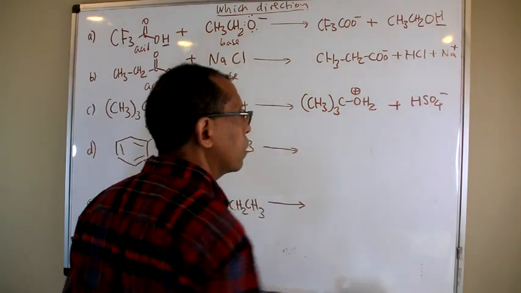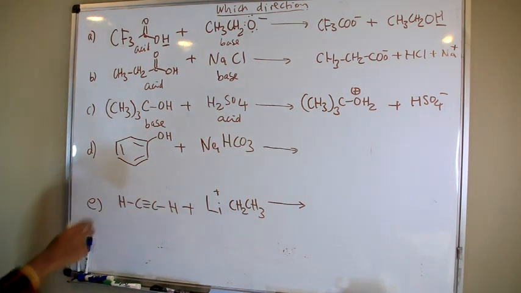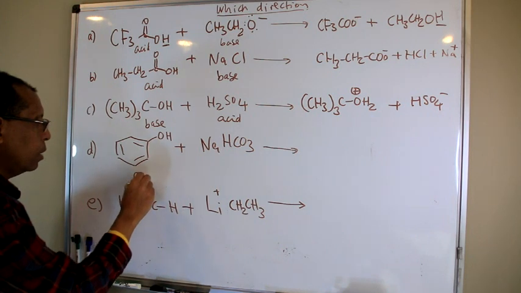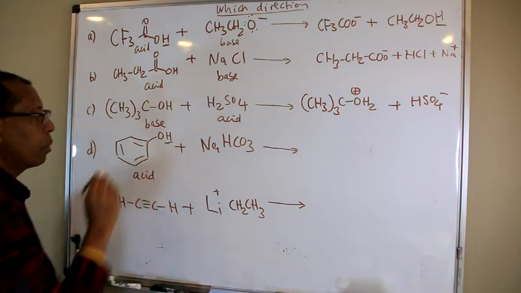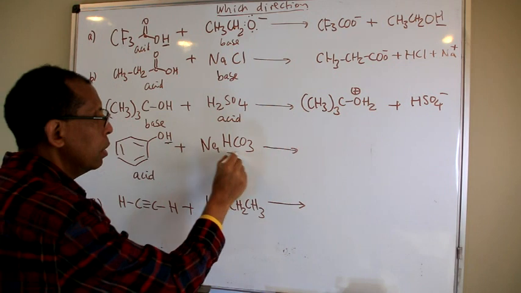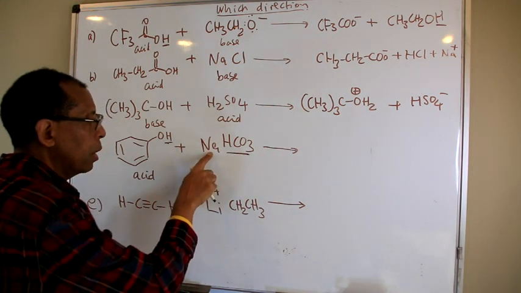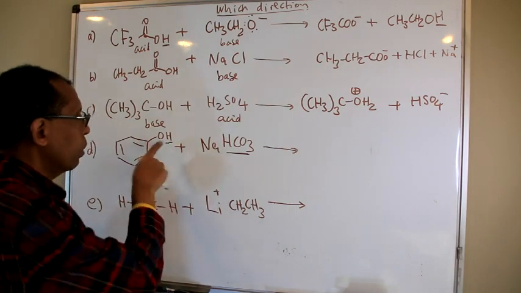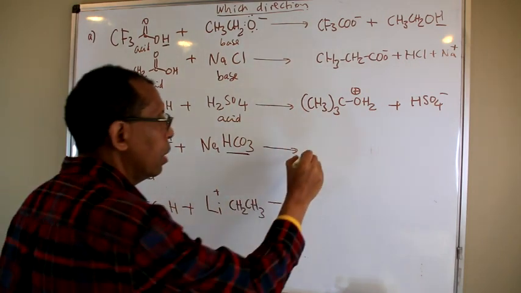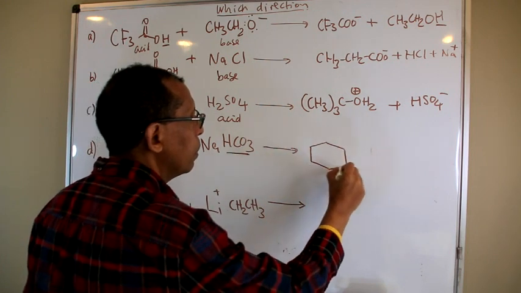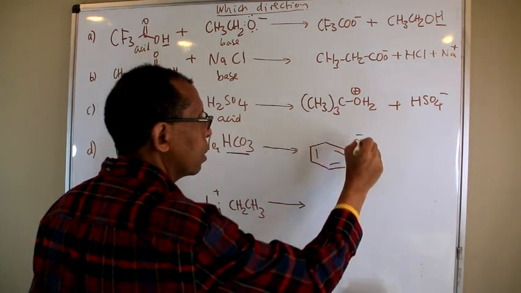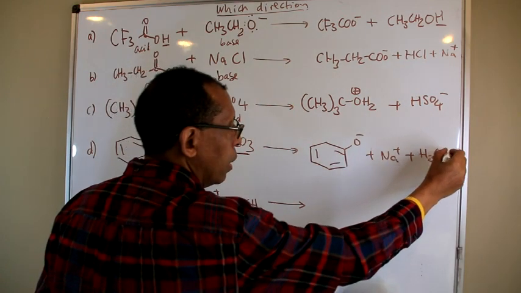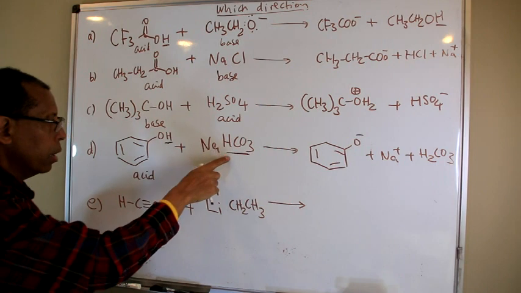In the next reaction, this is acting as an acid, specifically that proton, and here is a base because sodium is plus 1 and HCO3 is minus, therefore it would pick up a proton from there. So we would have O minus, plus sodium plus, plus carbonic acid by getting one proton.